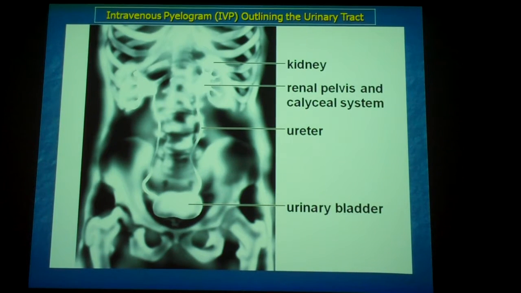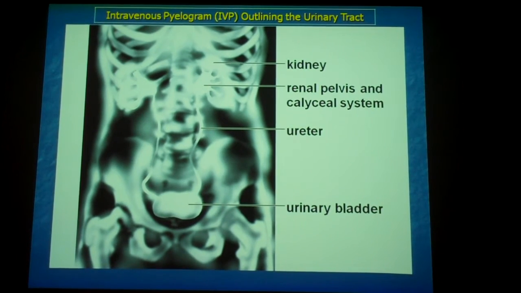I showed you a film from an IVP in lab. This is one film of a series of films that make up a study known as an IVP, or intravenous pyelogram. And this particular film here is pretty, in stark contrast, because you can see virtually the whole thing. You can see the kidneys outlined right here on both sides.